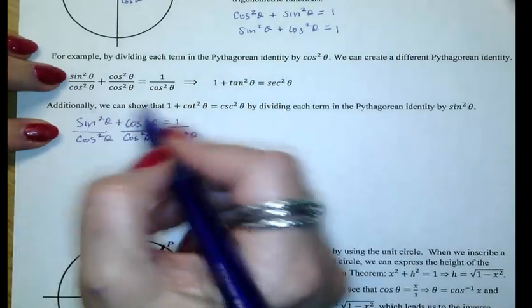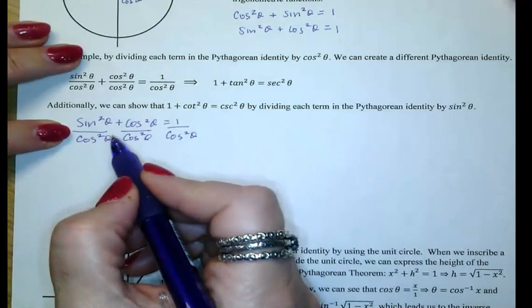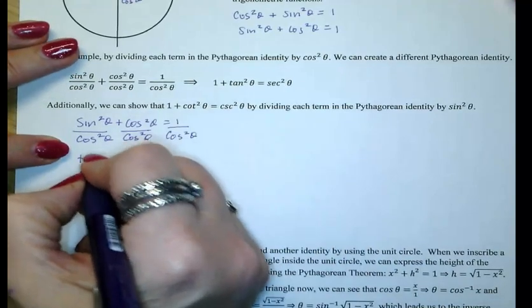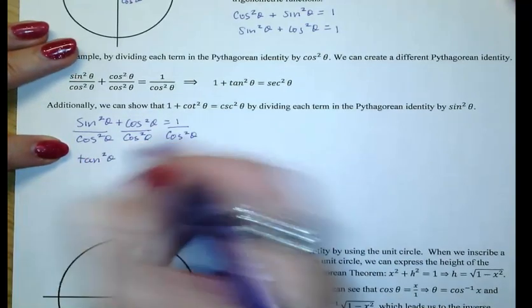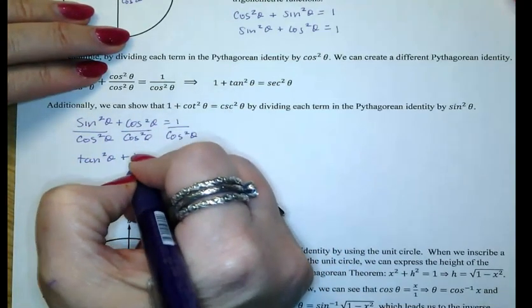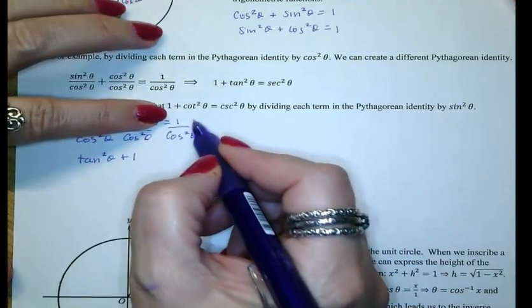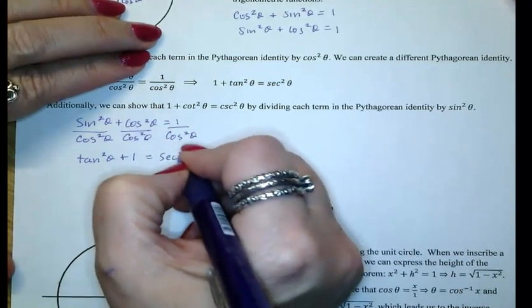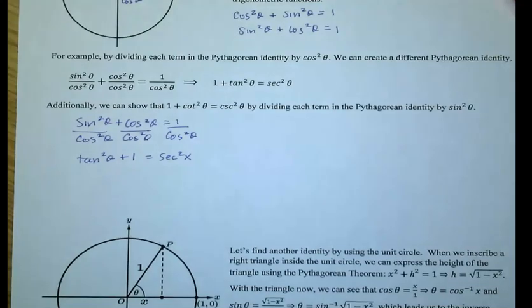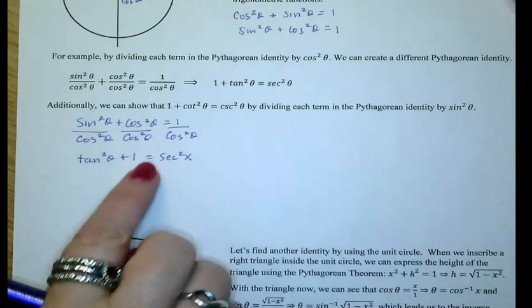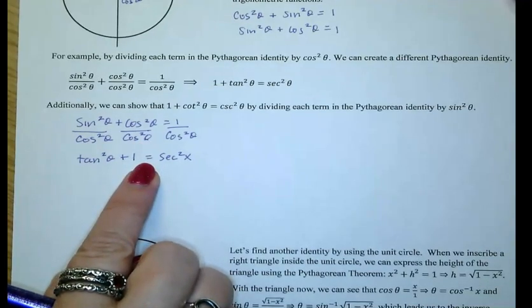Then we simplify each fraction. Sine squared over cosine squared gives me tan squared theta. Cosine squared over itself is just 1. And 1 over cosine squared gives me secant squared. So super easy to derive that. We started with this one and derived it using our quotient identity.